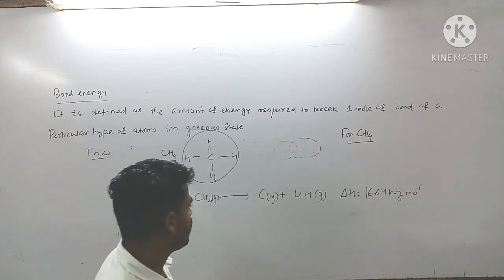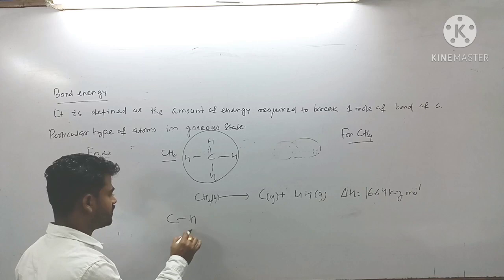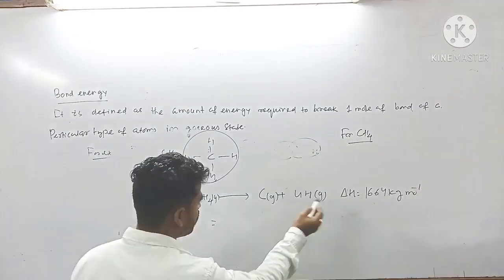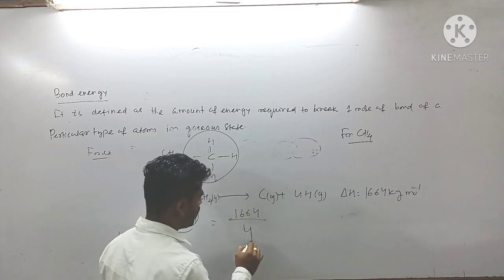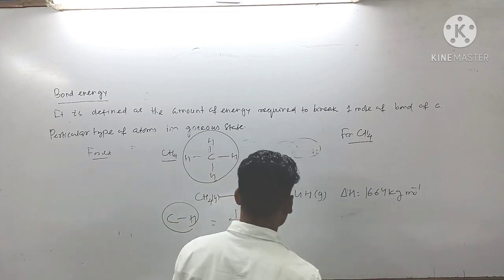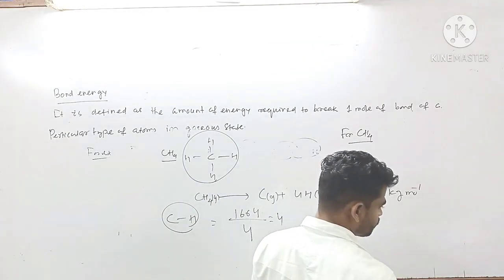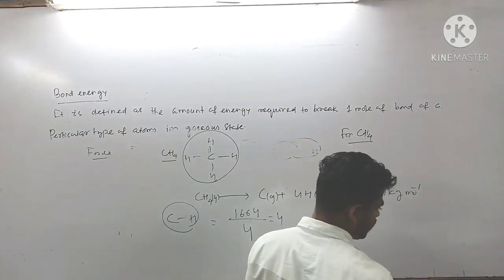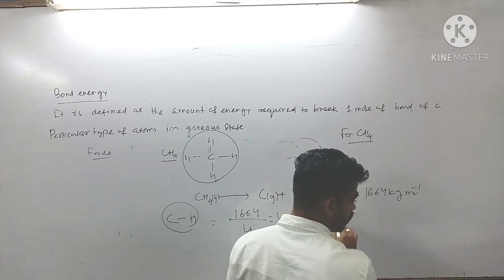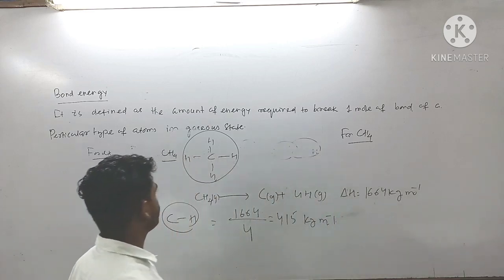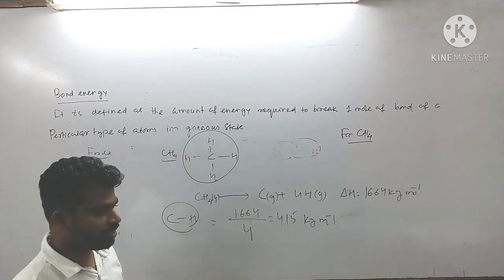If I need to calculate its CH bond dissociation energy, that will be 1664 divided by how many bonds are there? 4. So 1664 divided by 4 will be 415 kilojoule per mole. Okay, so this is bond dissociation energy.